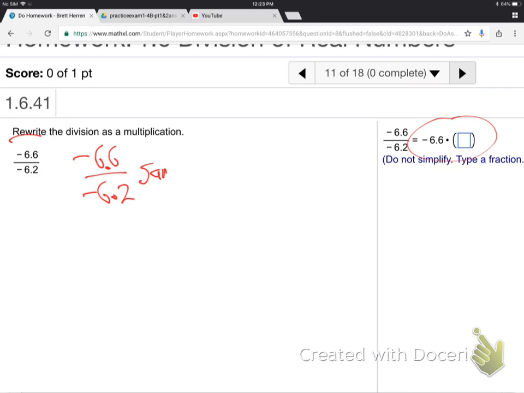In other words, it's the same as minus 6.6 divided by minus 6.2. See what I'm saying there? Minus 6.6 over 6.2. That's the same thing as saying divided, isn't it? It's just vertical division, sideways division.